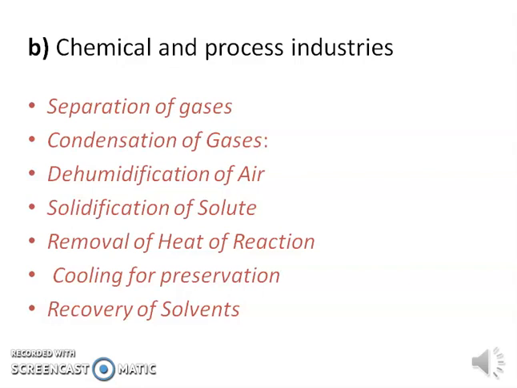Some of the applications of refrigeration in chemical and process industries are separation of gases, condensation of gases, dehumidification of air, solidification of solute, removal of heat of reaction, cooling for preservation, recovery of solvent. Now let us see one by one. First one is the separation of gases.